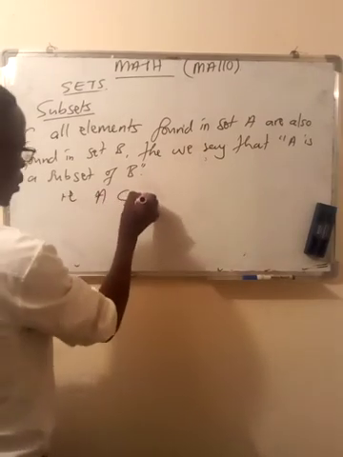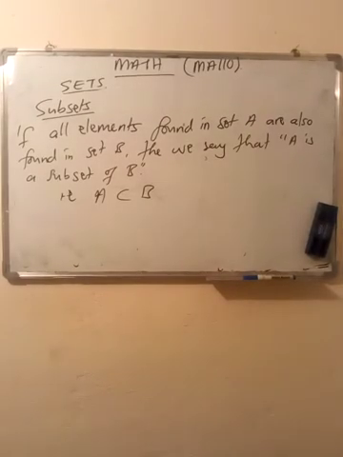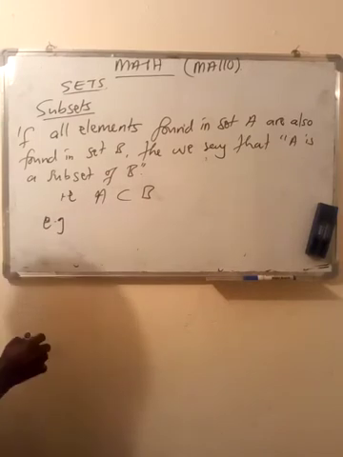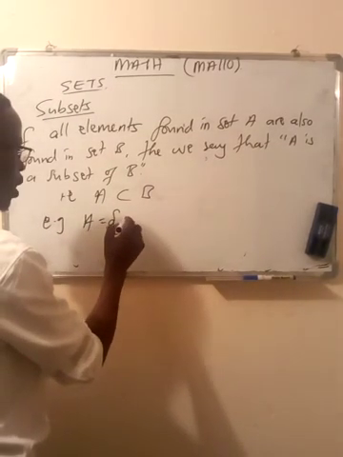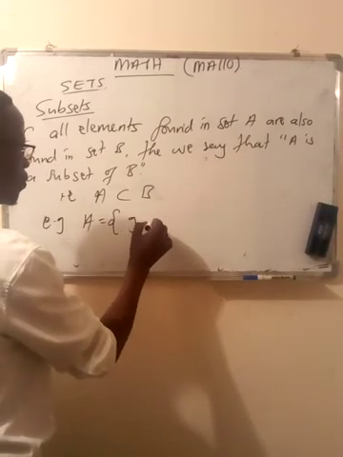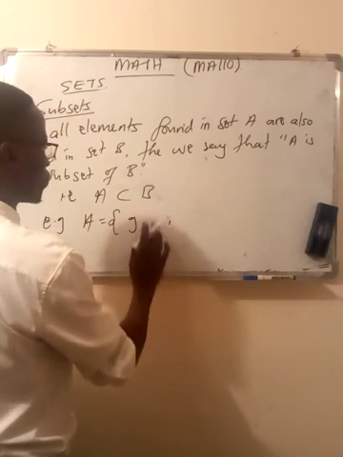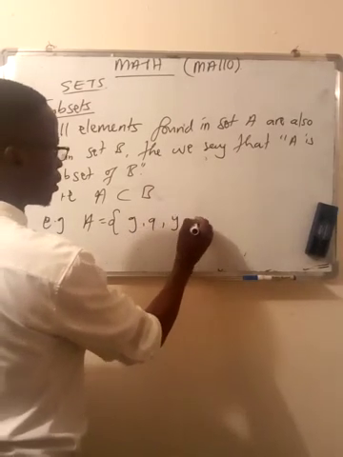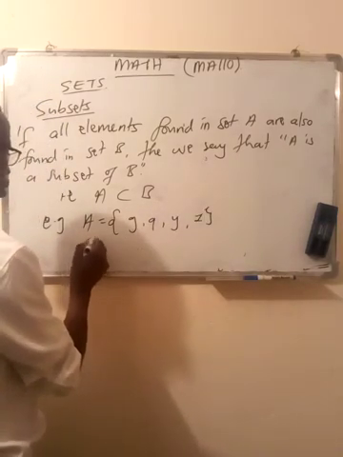But not necessarily that every element in B is also in A. So in such a case, then we say that A is a subset of what? Of B. It is contained. It is a set within another set, which is in B. Okay? So a subset is a set within a set. If all elements found in set A are also found in set B, then we say that A is a subset of what? B. Okay?